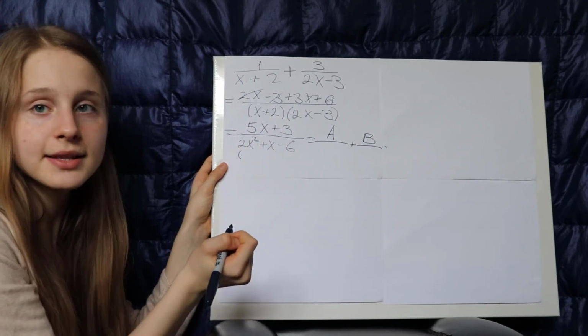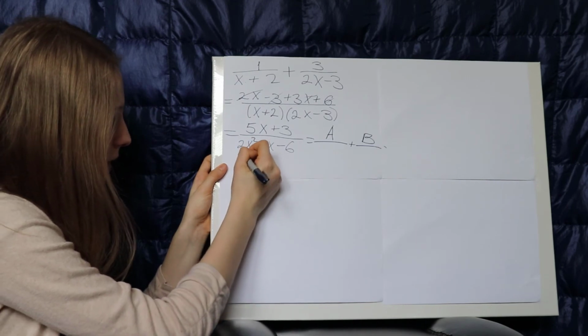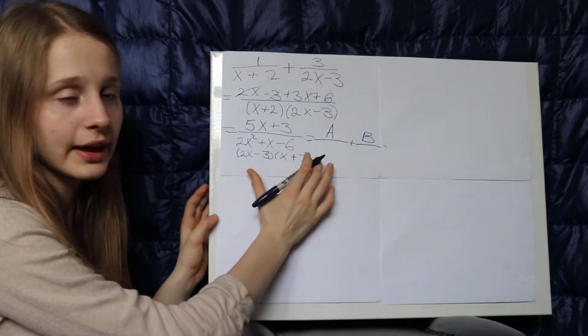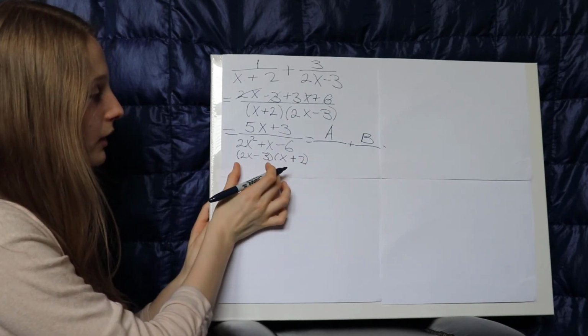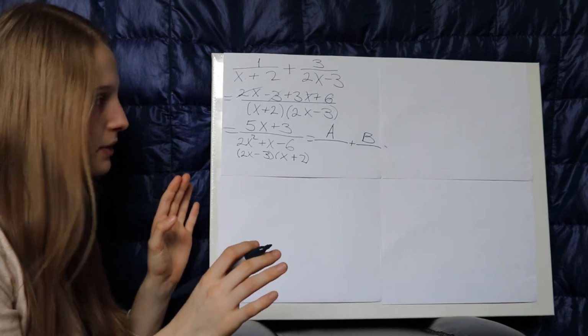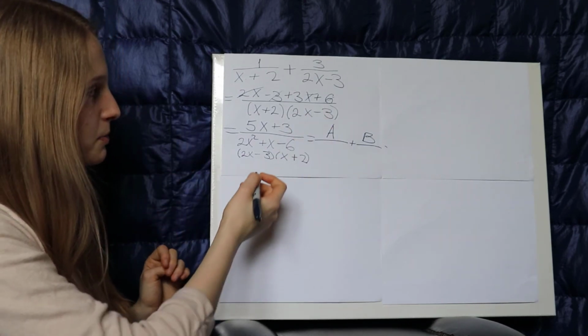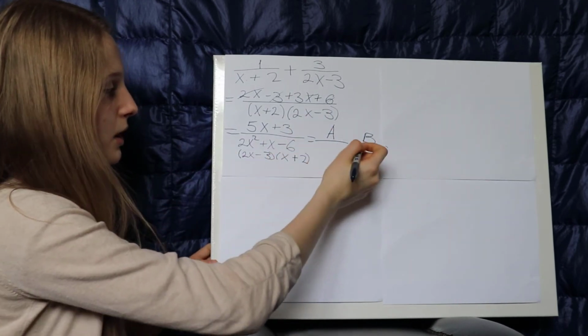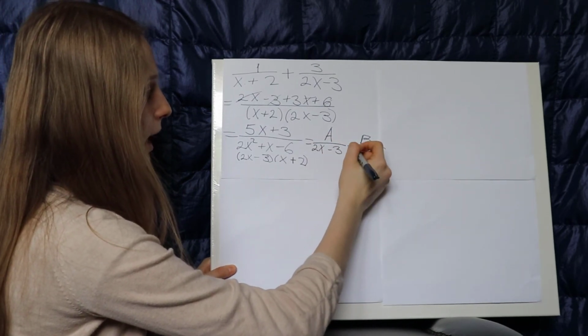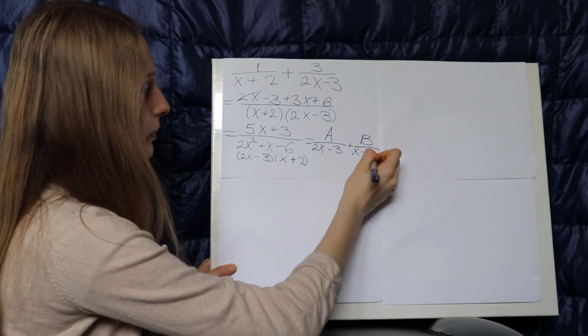So in this case, let's factor this really quickly again. Once you've factored this, one of the factors will be here and one will be here, and it doesn't matter which one is which. So I'll just put this one here and this one here. So 2x minus 3 and x plus 2.